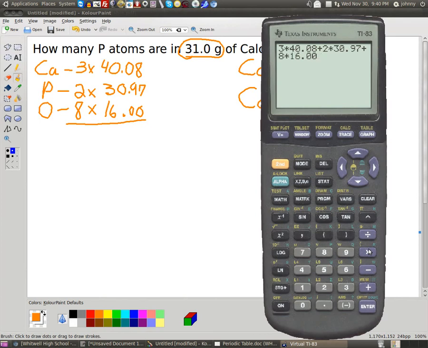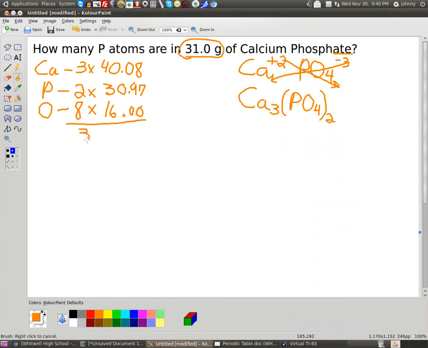The 0.00 is not necessary, but it's there. All this gives me 310.18. That's my molar mass.